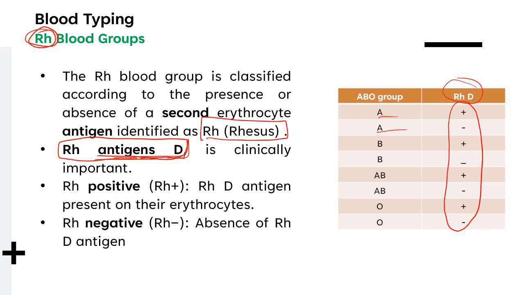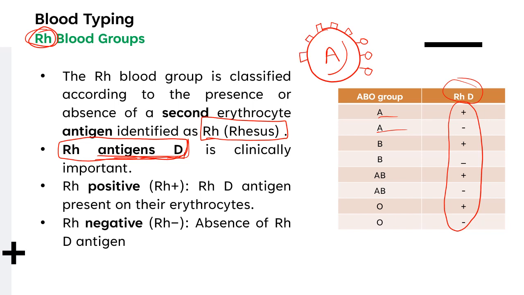For example, I'm going to make here the representation of a red blood cell. Let's say that this red blood cell has antigens A. So we know that this person has A blood. And then let's pretend that we also have antigens D in the cell membrane of the red blood cells.